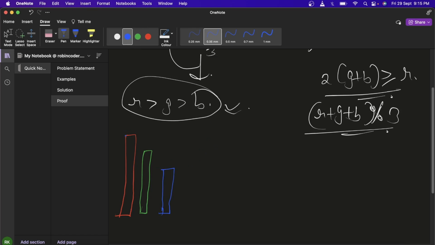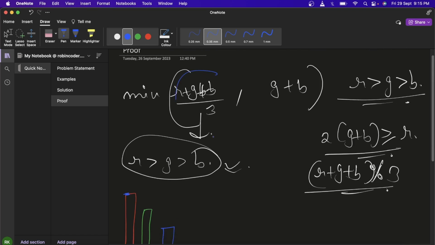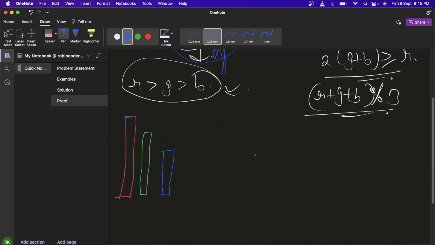So here, like I created, we can think of creating an algorithm so that we can achieve this answer, (R plus G plus B) divided by 3. This is easy to understand why it is the answer. So we can think of an algorithm so that we can come to this answer. Let's think of the algorithm.